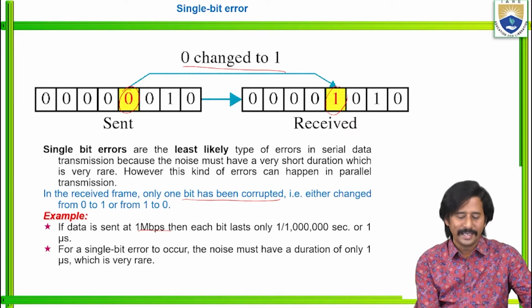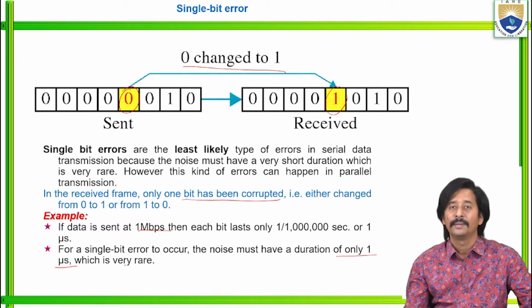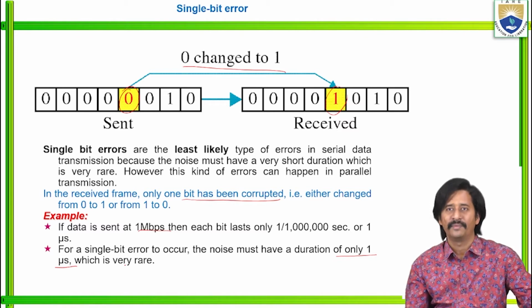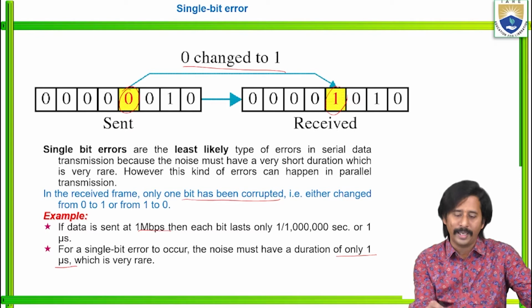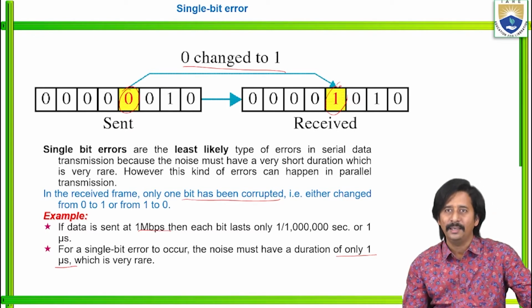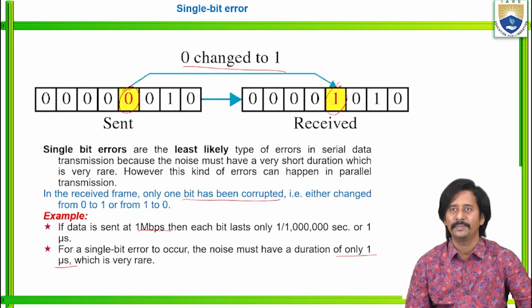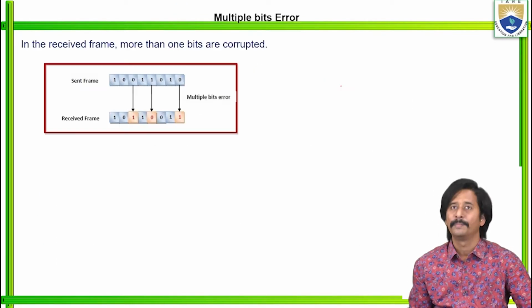Similarly, for a single bit error to occur, the noise must have a duration of 1 microsecond, which is very rare. So remember this point: in single bit errors, in the received frame only one bit is corrupted, either changed from 0 to 1 or 1 to 0.